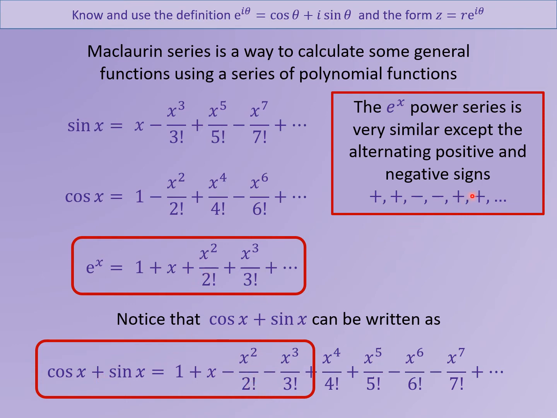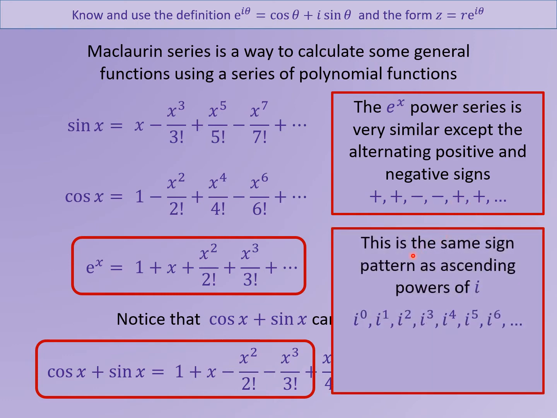But we've seen this pattern of plus plus minus minus plus plus minus minus before, and where you've seen that is with complex numbers. If you think about what these actually look like if we worked them out in terms of i, we get 1, then i, then minus 1, then minus i, 1, i, minus 1, and so on.